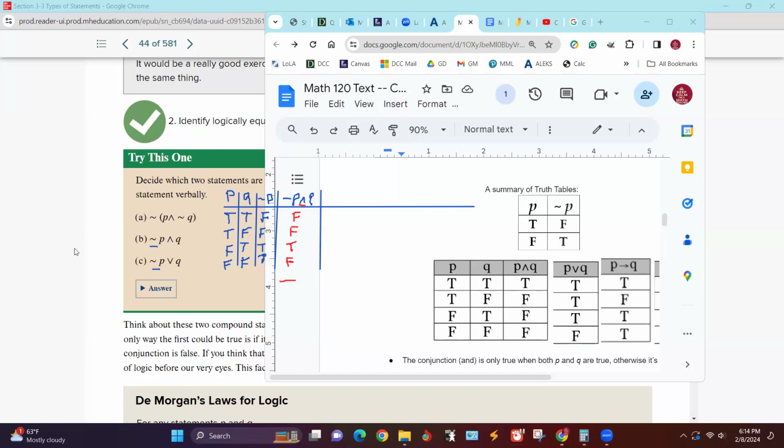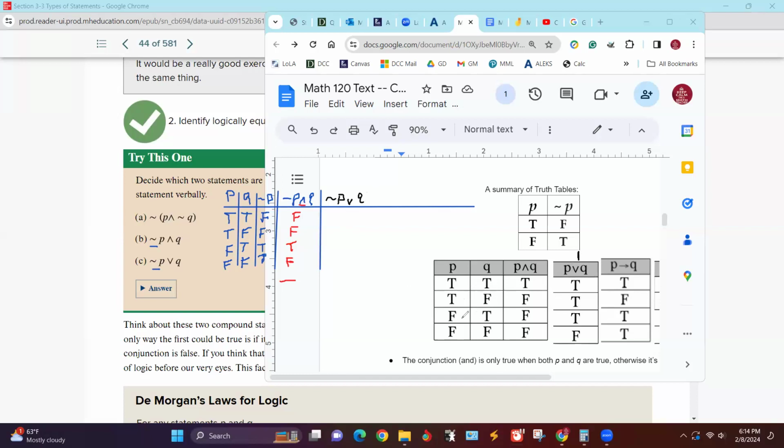Let's do the C. That's not P or Q. All right, so now I'm using the or rule right here. As long as I got one T in the mix, it's true.